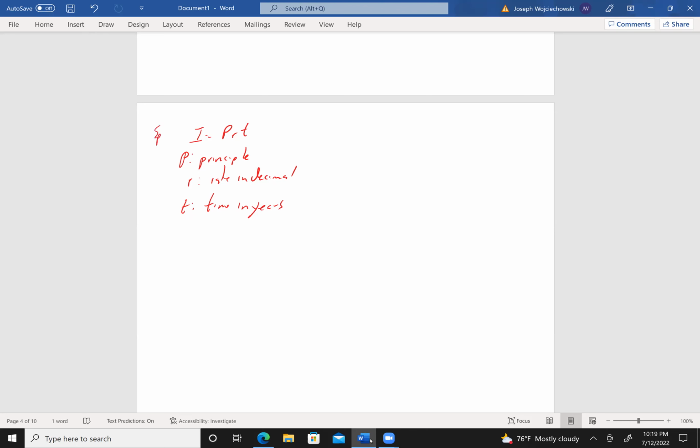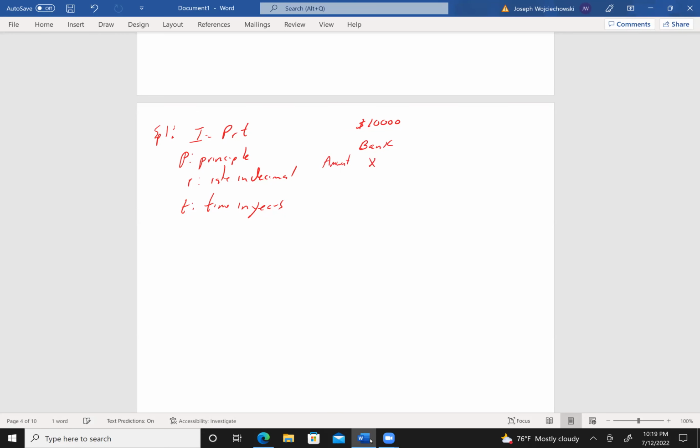And this is skill practice 1. Franz borrowed a total of $10,000. Part of the money was borrowed from a lending institution. We'll call it a bank. And the amount borrowed, we don't know.